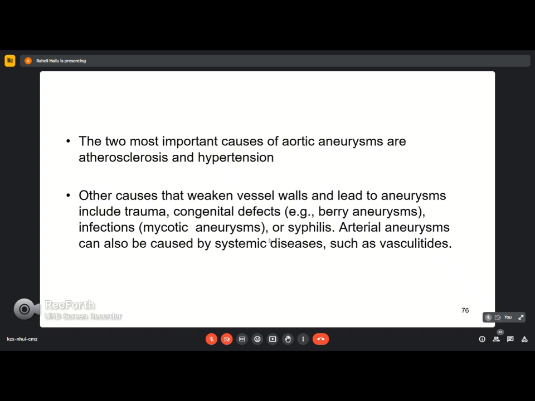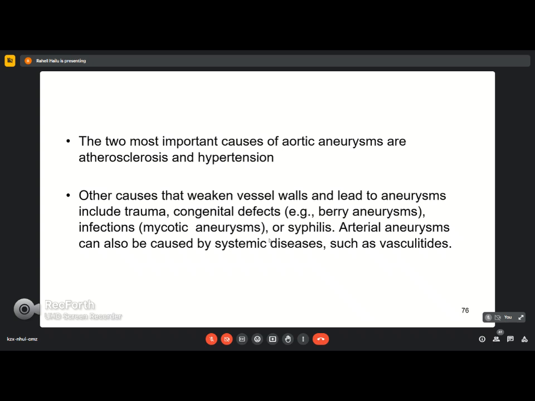The two most important causes of aortic aneurysms are atherosclerosis and hypertension. Other causes that weaken the wall and lead to aneurysms include trauma and congenital defects, like berry aneurysms.